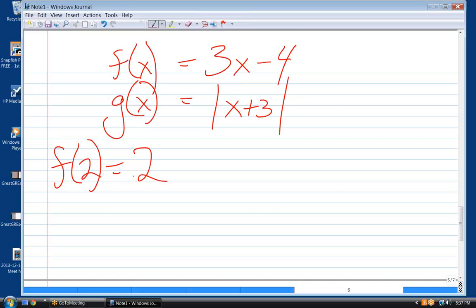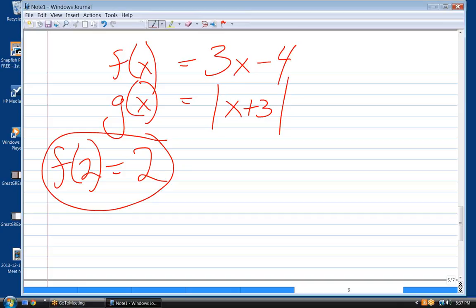Well, it just says suppose f of x equals 3x minus 4 and g of x equals absolute value x plus 3, but it only gives me f of 2 to solve with. Then f of 2 is equal to 2. I don't know why they gave you g of x. Is there another part to the question? No, there's another one, but that's the only part to that one.